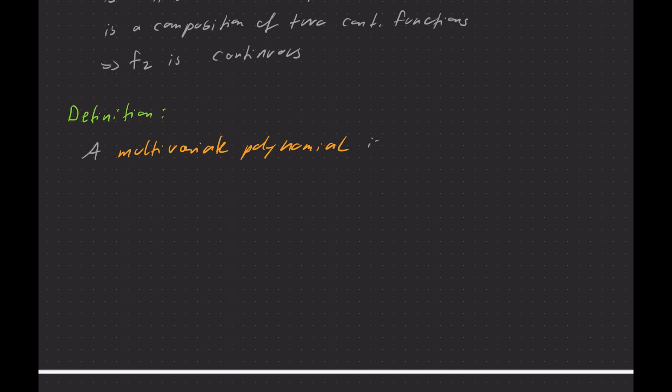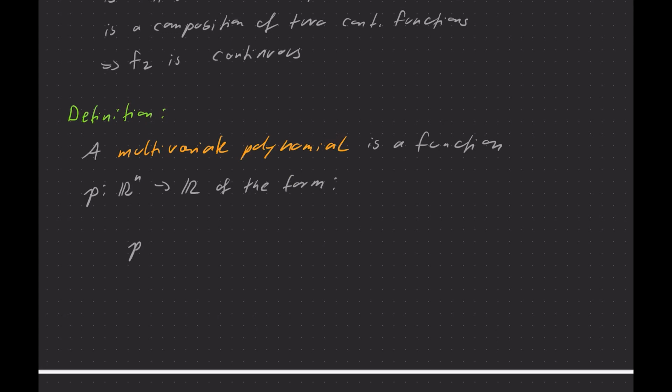So this is a function p from R to the n to R of the following form.